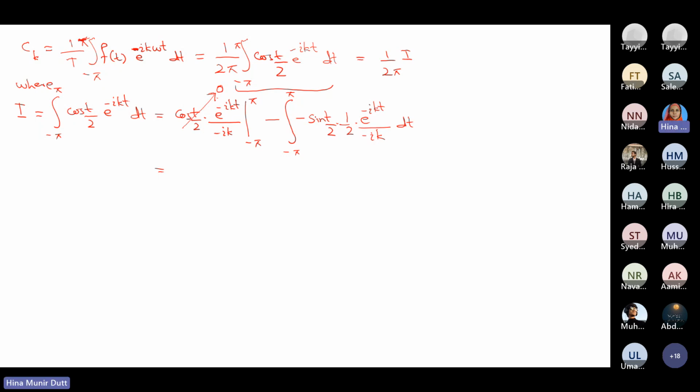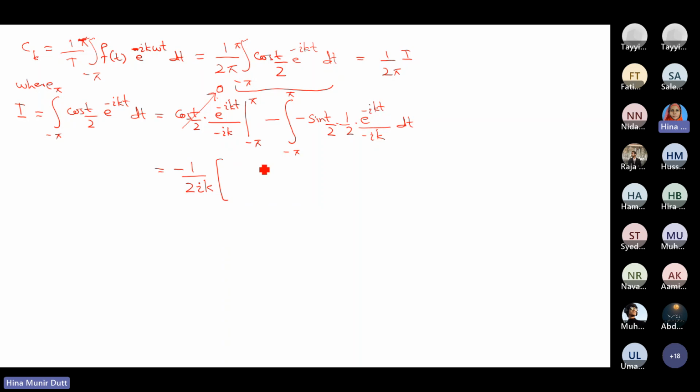Now minus into this minus into this minus, so I will get minus 1 over 2 iota k, minus minus this minus. The 2 also comes common, and you are left with sine of t over 2 into e to the power minus iota kt.